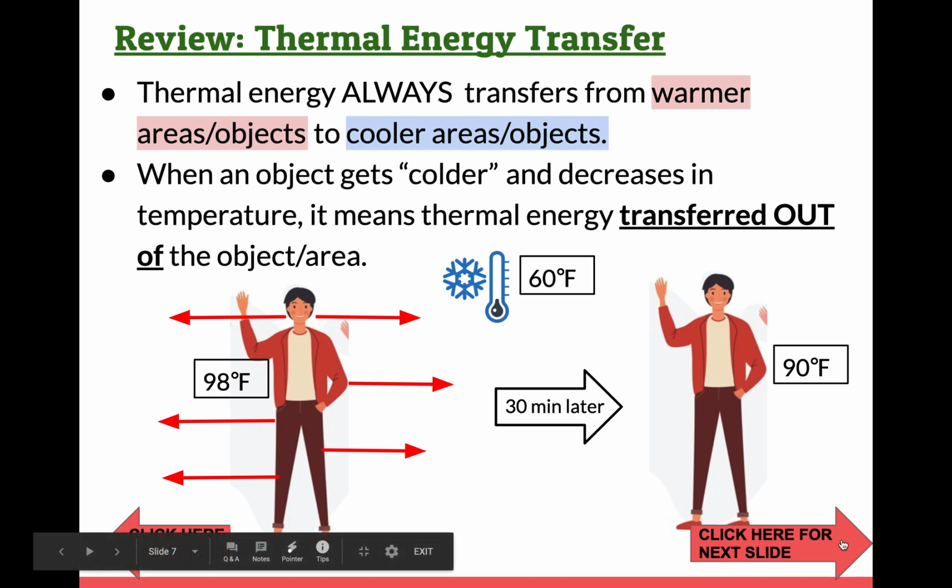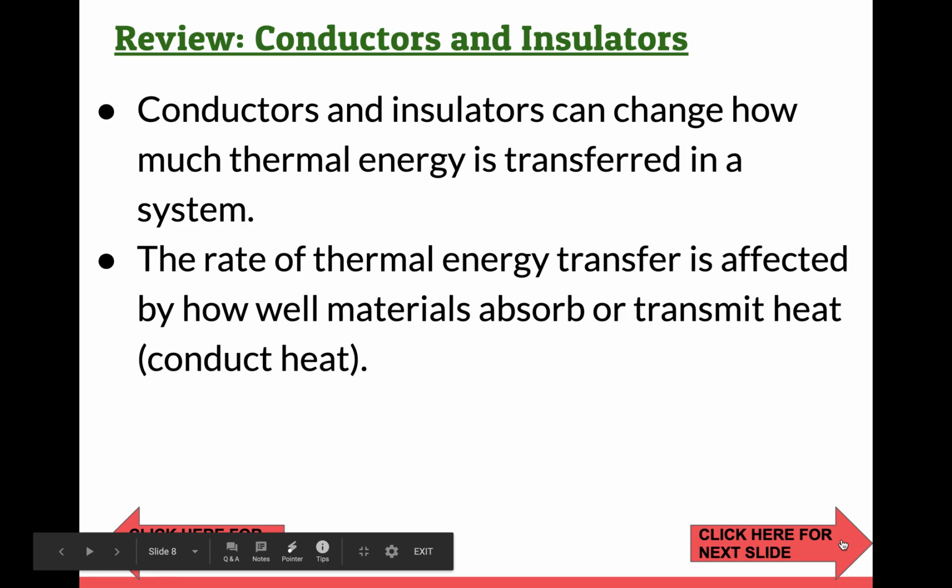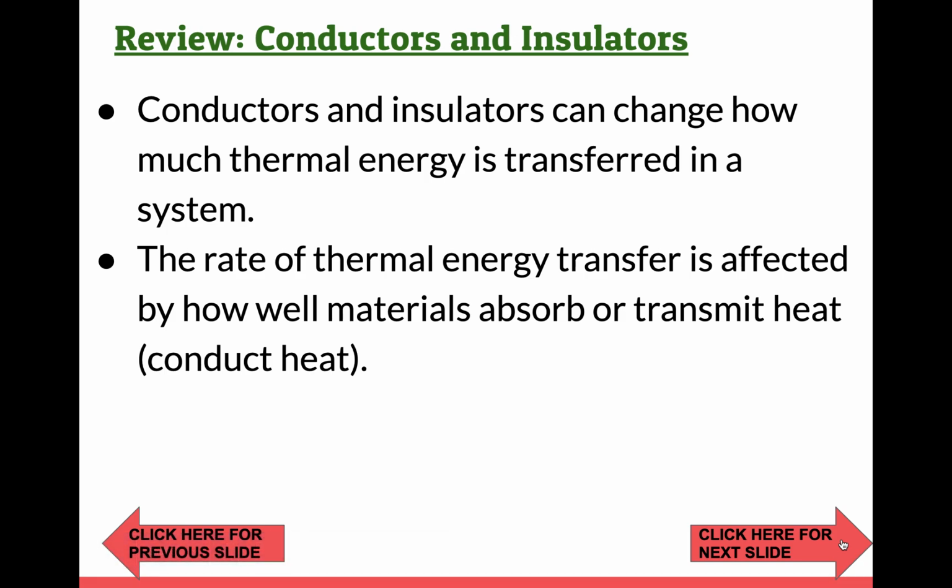All right. Now, we learned about conductors and insulators last week, and conductors and insulators can change how much thermal energy is transferred. The rate, how fast thermal energy transfers, is affected by the materials, how well the materials can absorb or conduct the heat.